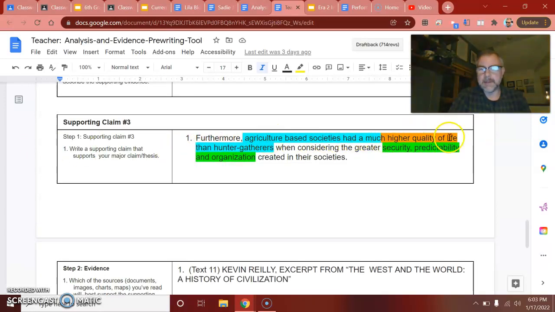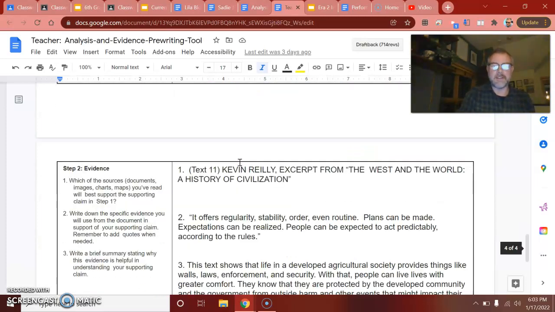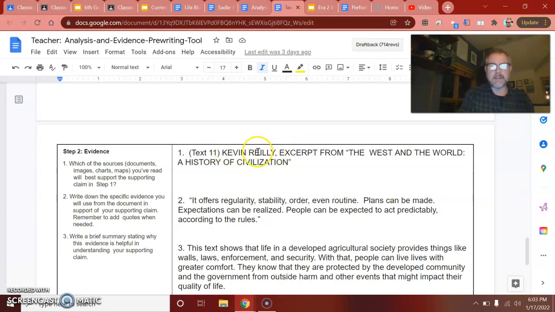Agricultural-based societies had a much higher quality of life than hunter-gatherers. So I've got the core of my claim, the heart of my claim. I've got the higher quality of life. That's my lens. And I'm going to talk about security, predictability, and organization, basically all the things that were discussed in this article, text number 11, The West and the World, A History of Civilization.